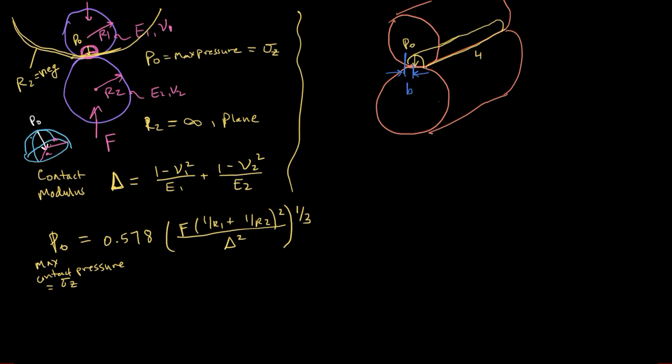Okay, in this case it's A. That's the parameter that we have that we can look at. And in this case over here it's B, and that's the distance to the edge.